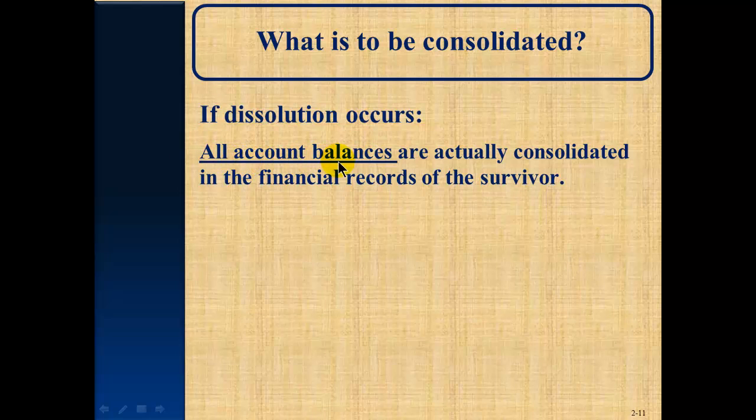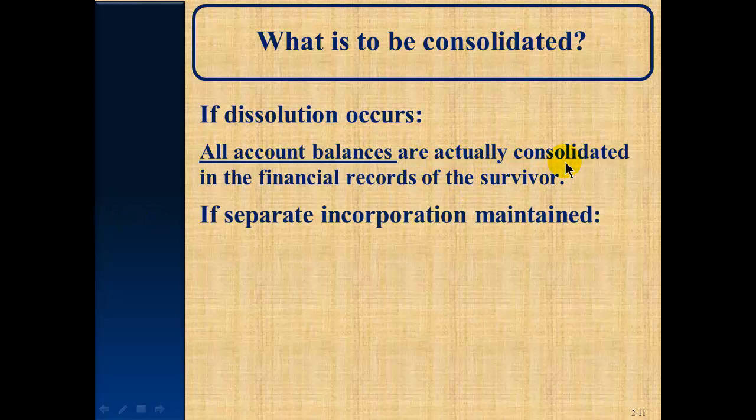I'm bringing those account balances, and I'm going to journalize them into my general ledger as the acquirer, the investor. I'll just bring all those assets in, bring the liabilities in, and we're done, and just go forward in time. So that's a fairly simple way of going about it.